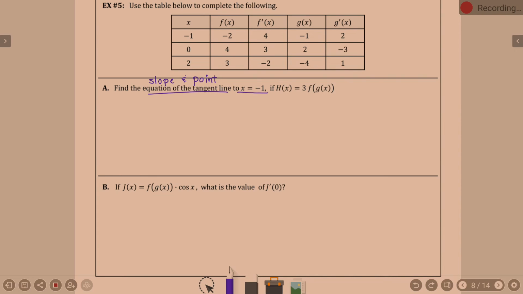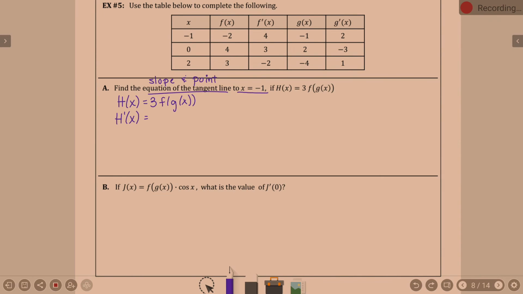Make sense? So, if h of x is 3f of g of x, h prime of x, and this is really just the definition of the chain rule if you go back to the other day. The 3 is a constant, so it can just stay out front.